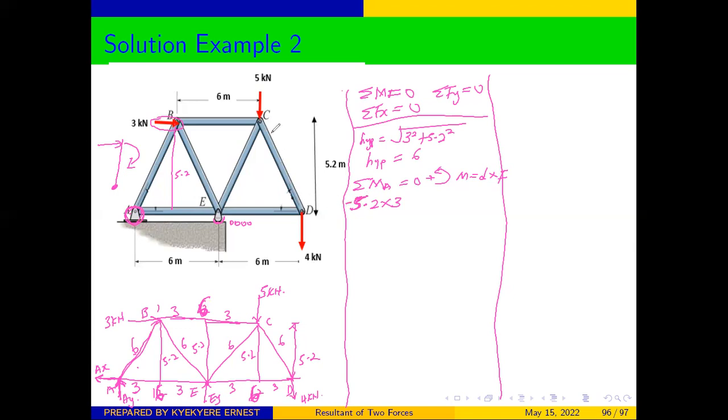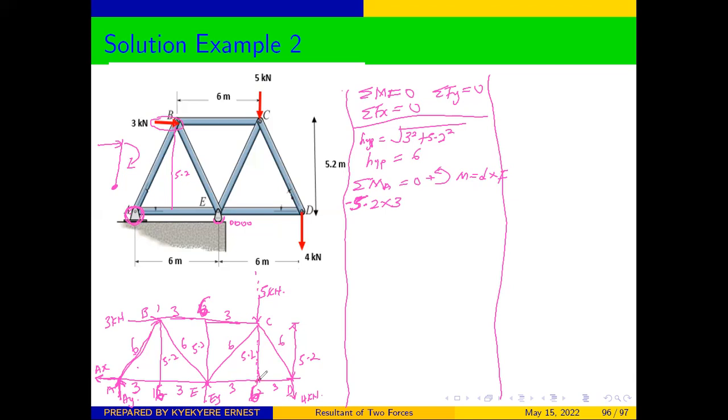And then we come to our next force. This one is 5 kilonewtons. It's a vertical force, therefore the perpendicular distance is going to be horizontal. This is the line of action of that force, so the force can be placed anywhere on this line.